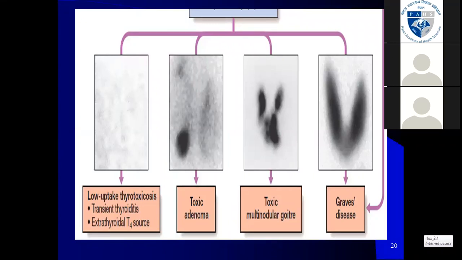If there is low uptake thyrotoxicosis, then it could be transient thyroiditis, or an extrathyroidal thyroxine source. And if there is only one patchy uptake, then this could be a toxic adenoma. And if there are sparse patchy uptakes, then it could be toxic multinodular goiter. And if there is diffuse uptake, then it could be Graves' disease, which is much more common.